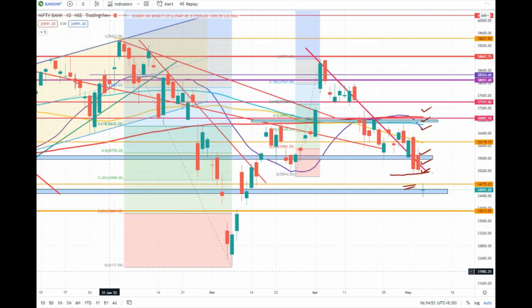So keep these levels in mind and take the trades carefully. As a trader, if there is any gap up or any opening gains, I would prefer to take a trade on the right side with a defined risk, that is through a stop loss.